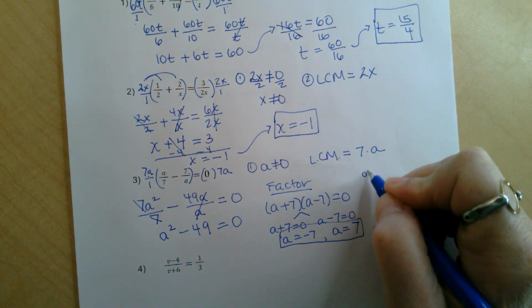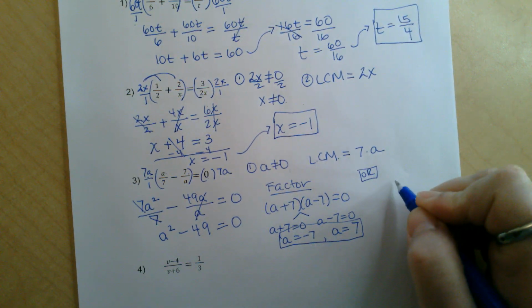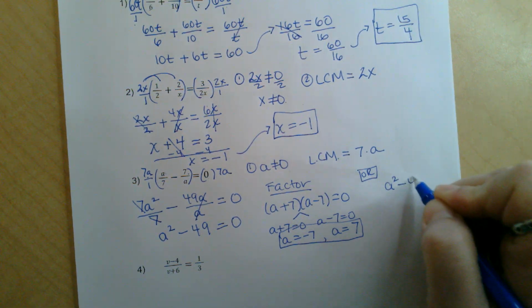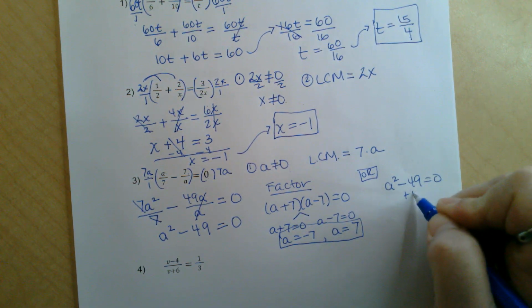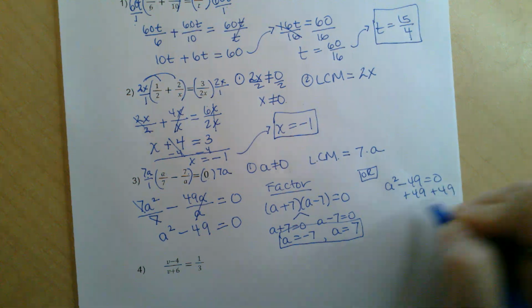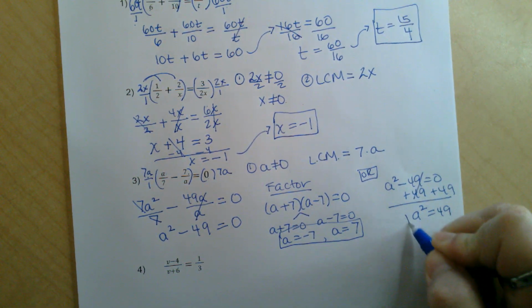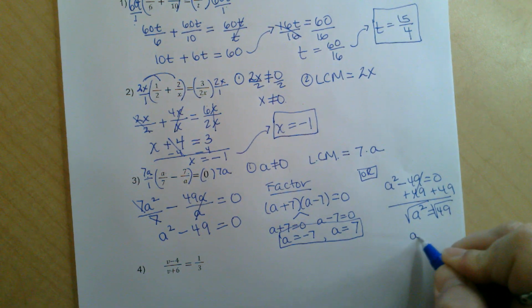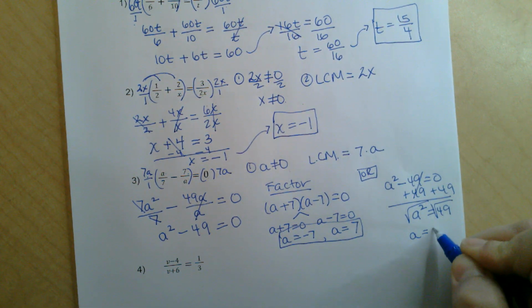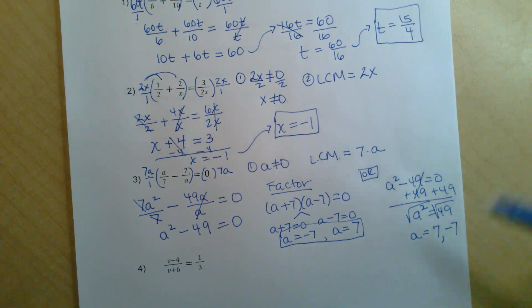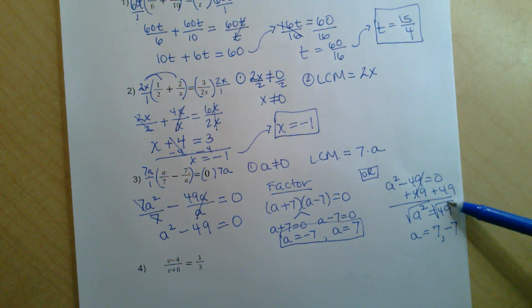Or you could simply solve it by adding 49 to both sides. So here we can add 49. We get a squared equals 49, and then we can take the square root. When you take the square root, a equals positive 7 and a equals negative 7, because 7 times 7 is 49.